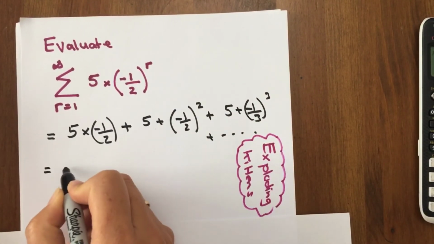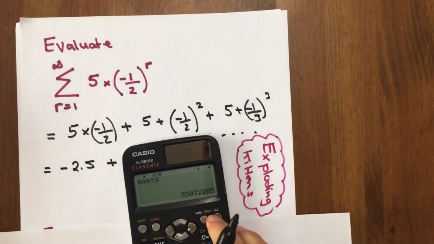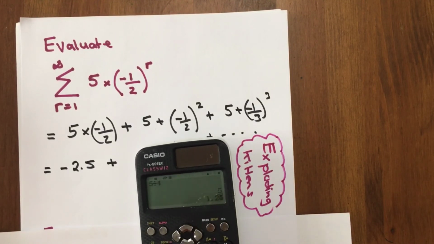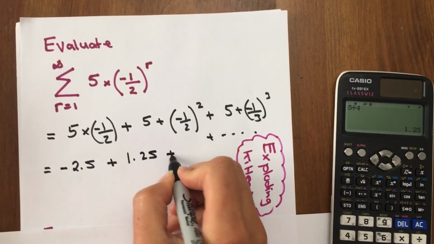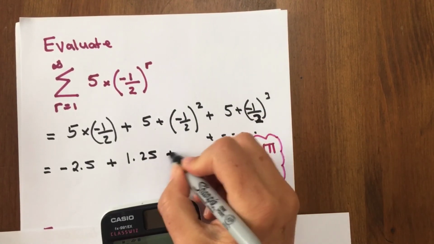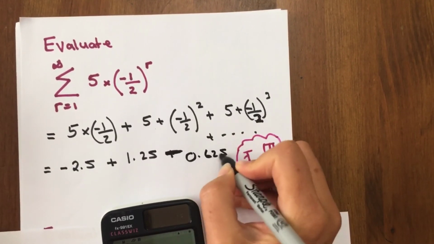So what have I got here? I've got negative 2.5 plus, just going to do this on the calculator, 5 divided by 4, so that will be 1.25 and it will be positive, plus 5 divided by 8 will give me negative, because it's to an odd power, negative 0.625.